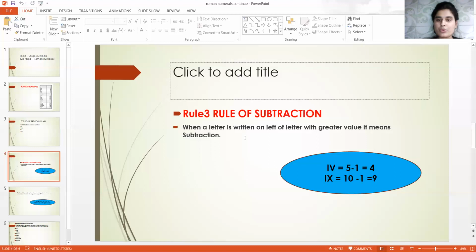So what is the rule of subtraction? The rule of subtraction is when a letter is written on the left of a letter with the greater value, it means subtraction.